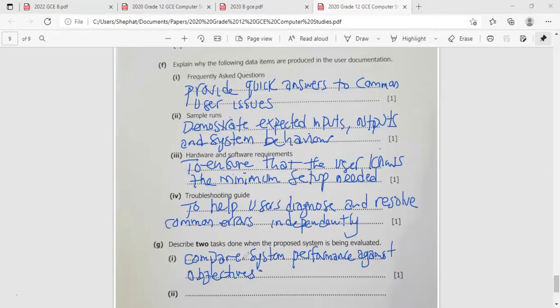Then the other task is to gather user feedback, so that we can assess usability and identify improvements.